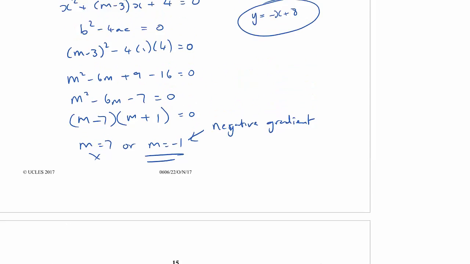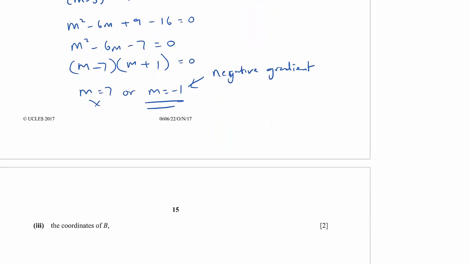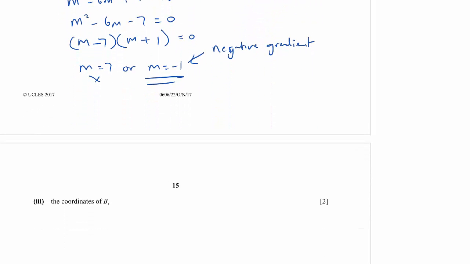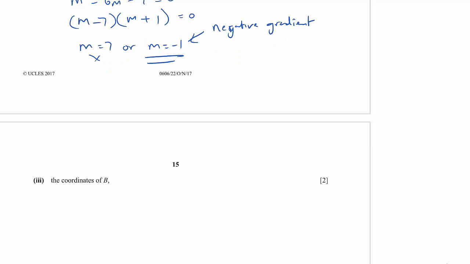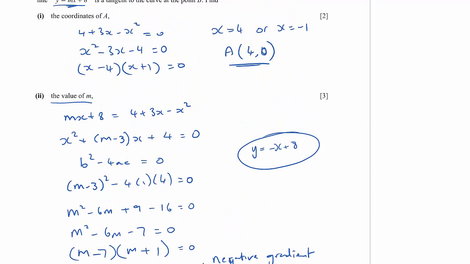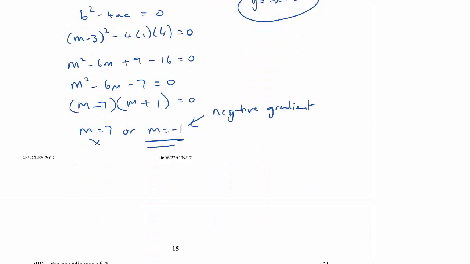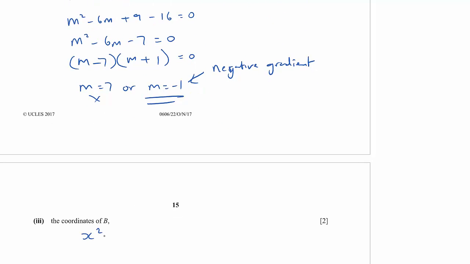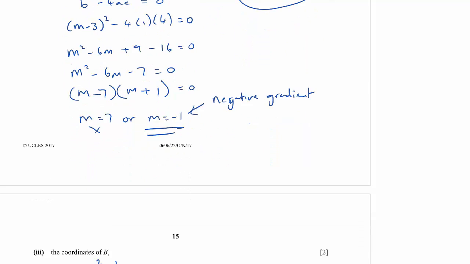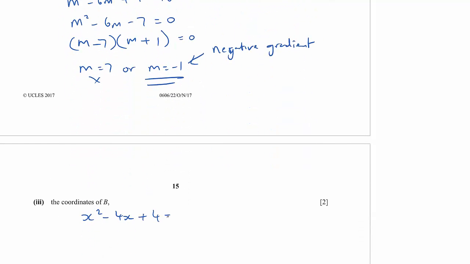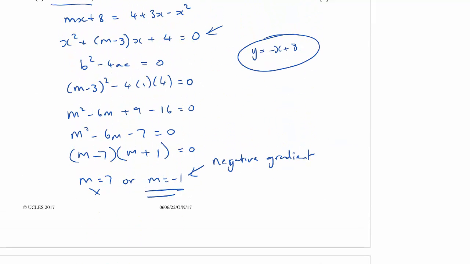So the coordinates of B is the next thing to find. And having found that m's negative 1, this quadratic equation becomes x squared minus 4x plus 4 equals 0. We can see that quite clearly because the m's negative 1 there.